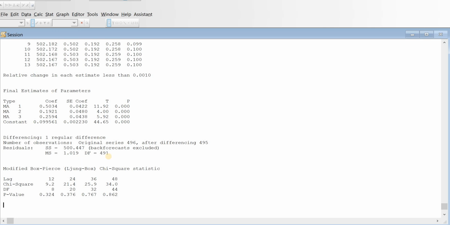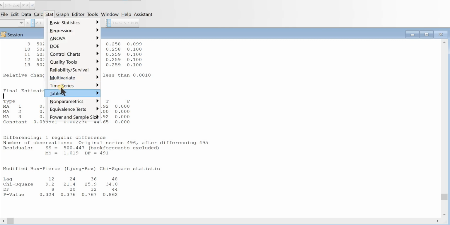The model that is best in fit will not necessarily perform best in terms of forecast. So I suggest that if you have several models that fulfill these two conditions, you take those models, try to forecast, and compare them in terms of forecast accuracy. We take the model which is the most accurate in the forecast. Let's say we want to use this model to forecast, which is the last step in Box-Jenkins modeling.